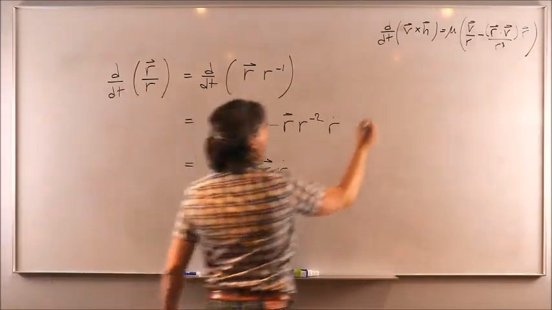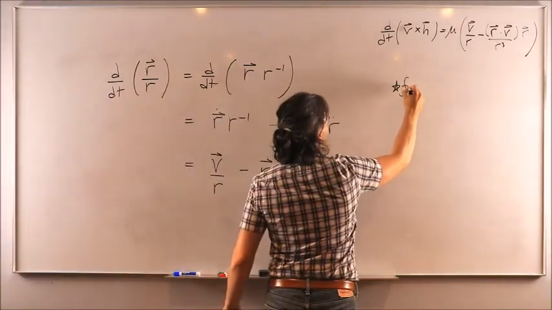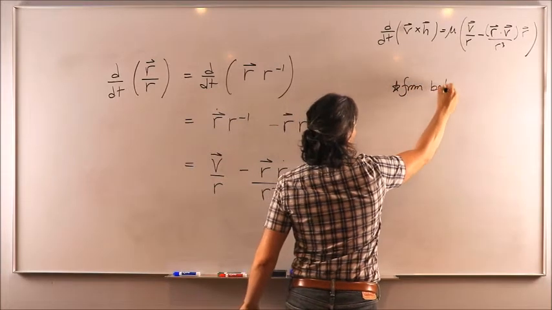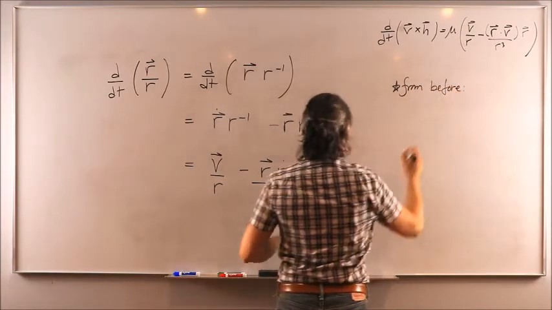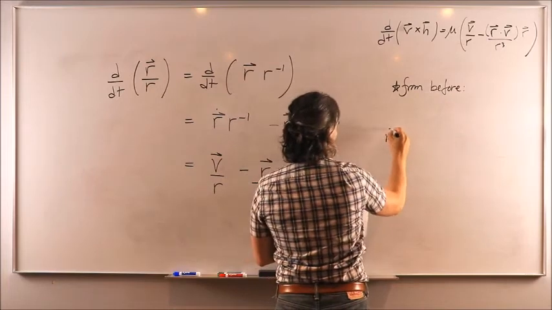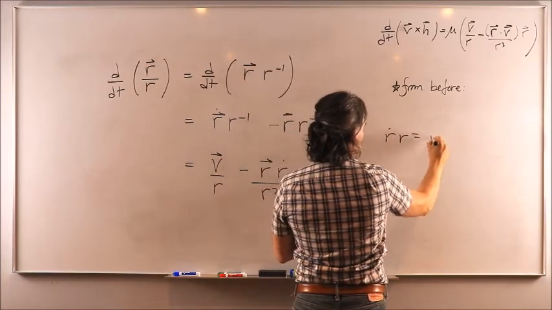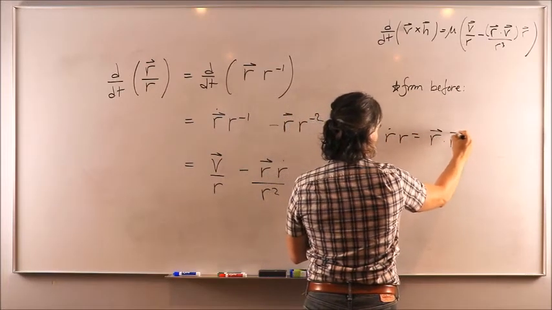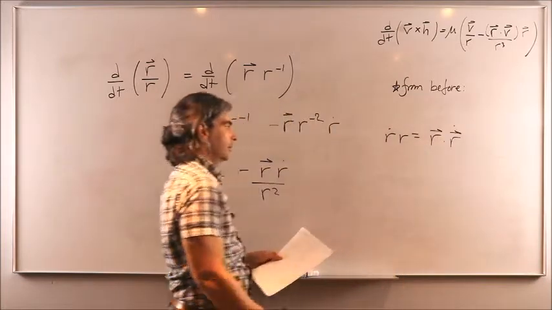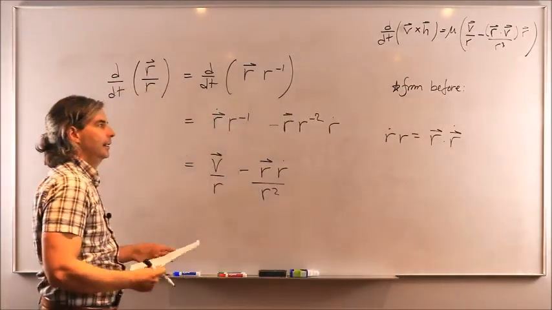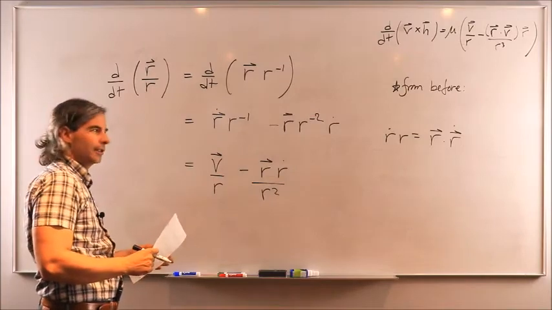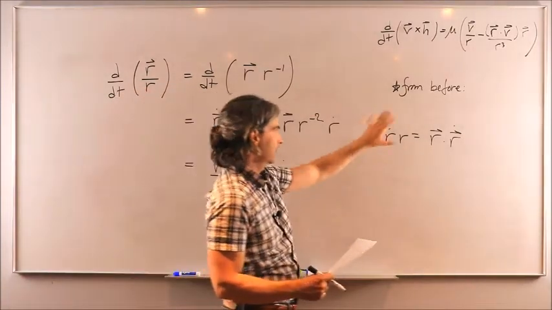Now, from before, we know that r times r dot was equal to position dot product velocity vector, right? I believe we looked at that in the second fundamental integral. We had established that relationship.